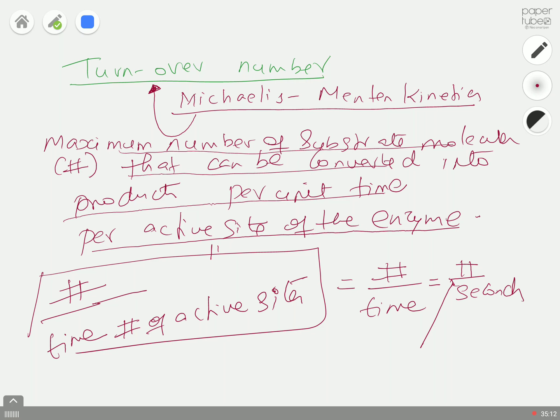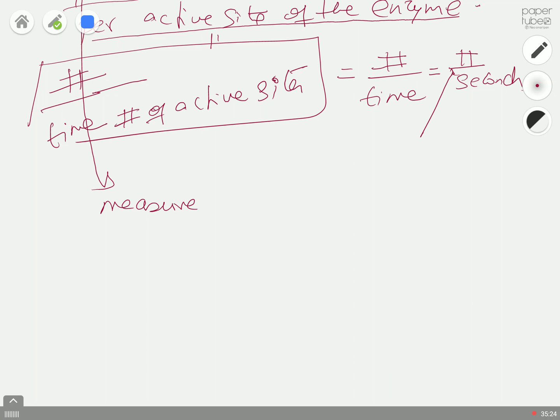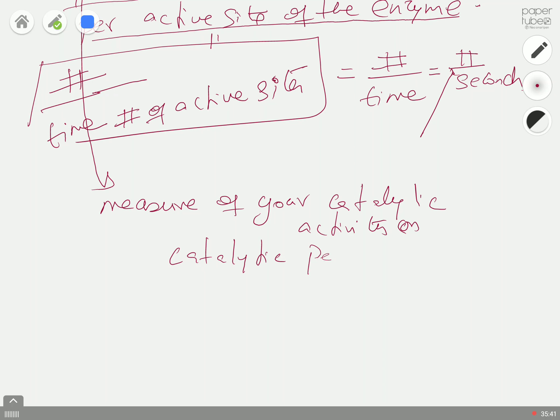This number characterizes the catalytic property of your enzyme. So you can take the turnover number as a measure of your catalytic activity or catalytic performance. What does that mean?